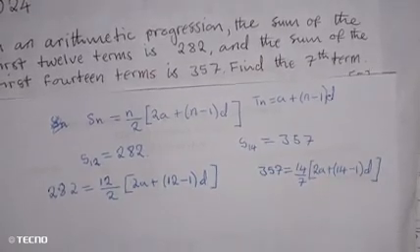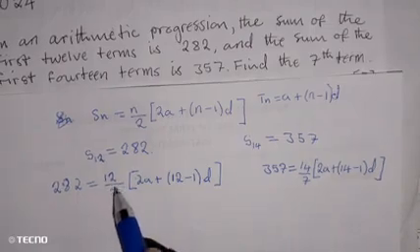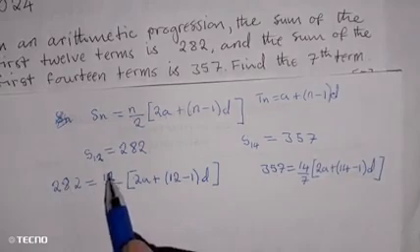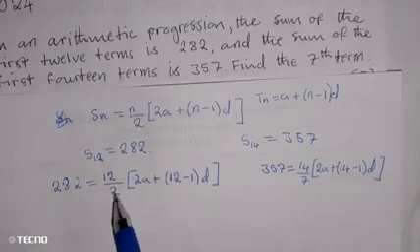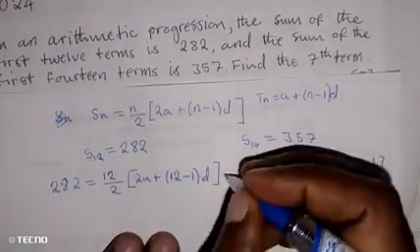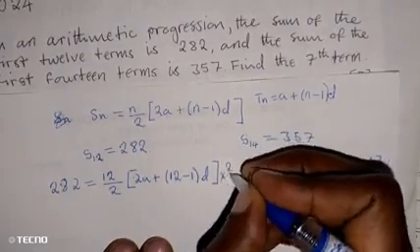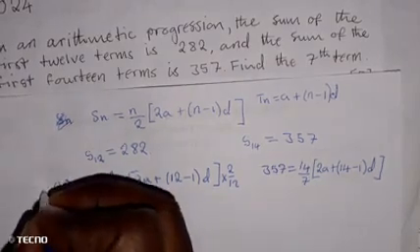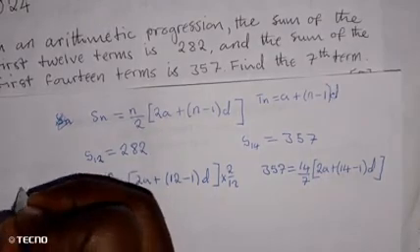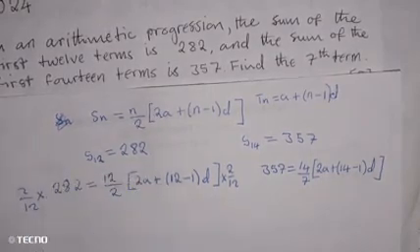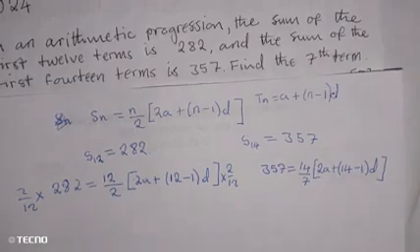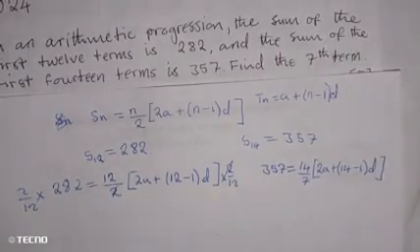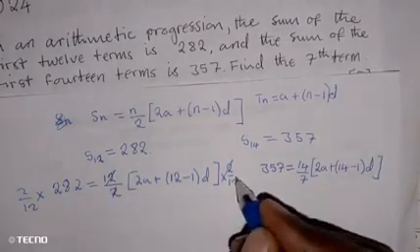Having something like this, we can find the multiplicative inverse of 12 over 2 on both sides. So we say it's 2 over 12, and this side you also multiply by 2 over 12. This one and this one will reduce, and this one and this one will reduce.